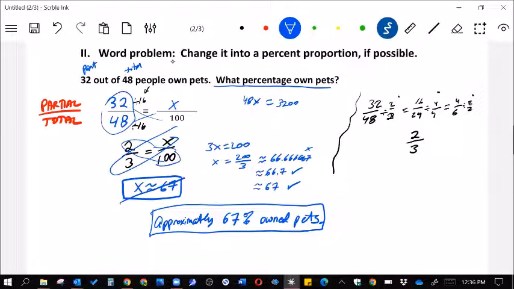That is the best answer. I could have used the approximate symbol, but I'd have to say something like own pets in there in order to make it a reasonable answer to actually answer that question. So this question shows a few steps, how to set it up, and mainly that you have a part out of a total.